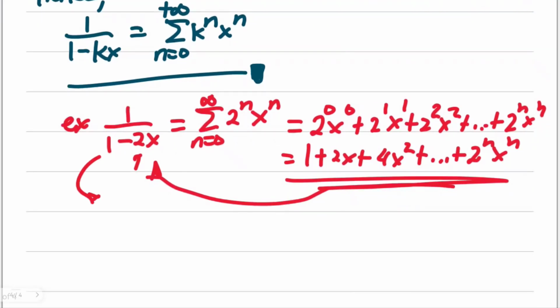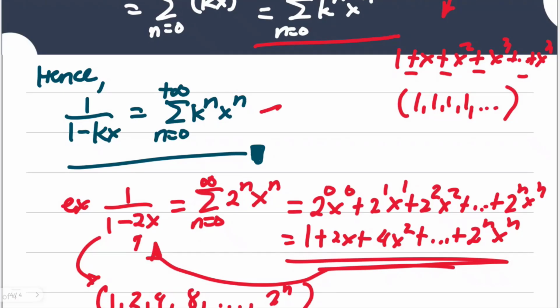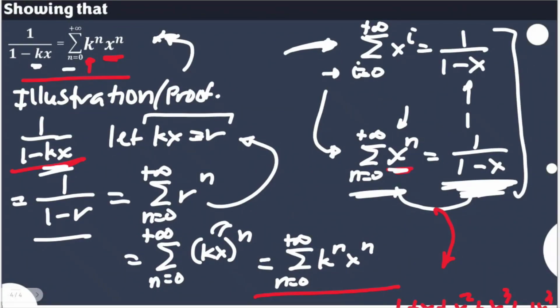So for this, the sequence of coefficients is 1, 2, 4, probably the next one is 2 cubed, 8, and so on and so forth until 2 to the power of n. Whereas this was actually 1, 1, 1, 1, and so on. So this is the proof for that. It is an example expansion that we can use since we have already proven this given identity. Thank you very much for watching.